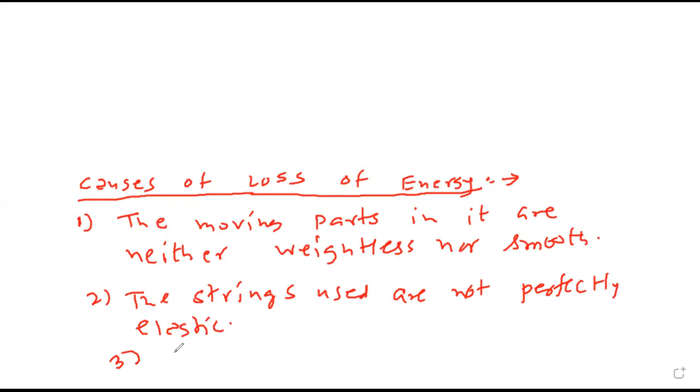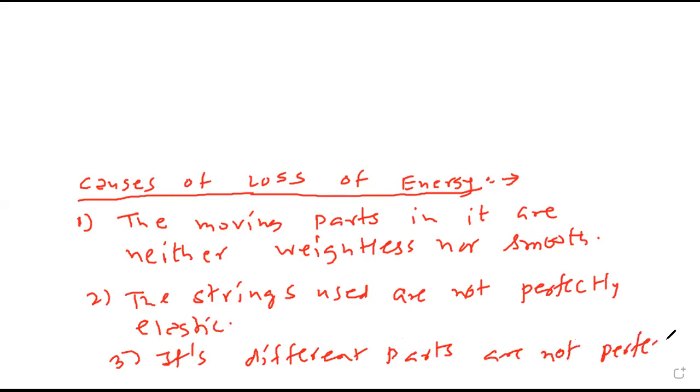Third, its different parts are not perfectly rigid. Its different parts are neither perfectly elastic nor perfectly rigid. These are three causes of loss of energy.